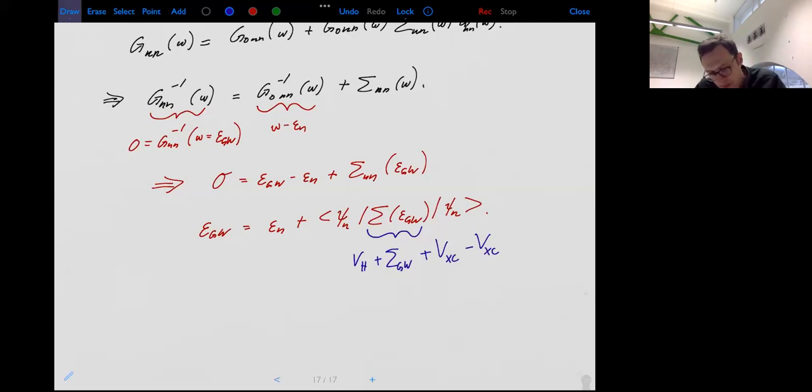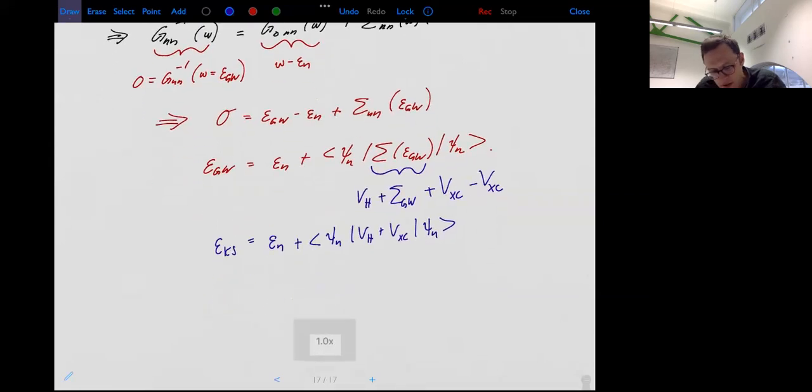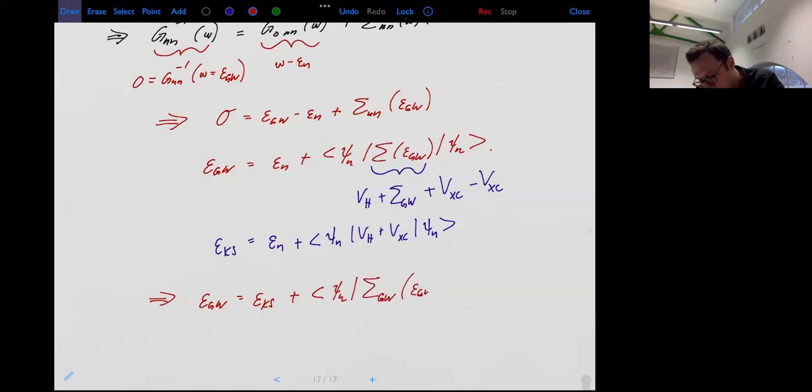Basically the Kohn-Sham energies are given by the non-interacting energies plus the Hartree and exchange correlation terms. And so I can then relate my GW energies to my Kohn-Sham energies in this way, precisely as established in last week's lecture.